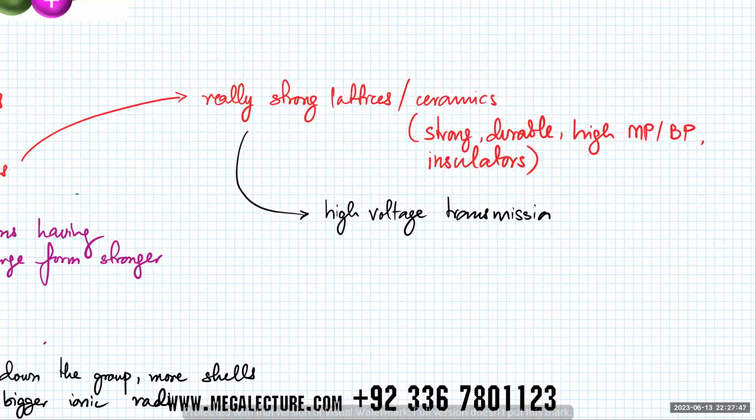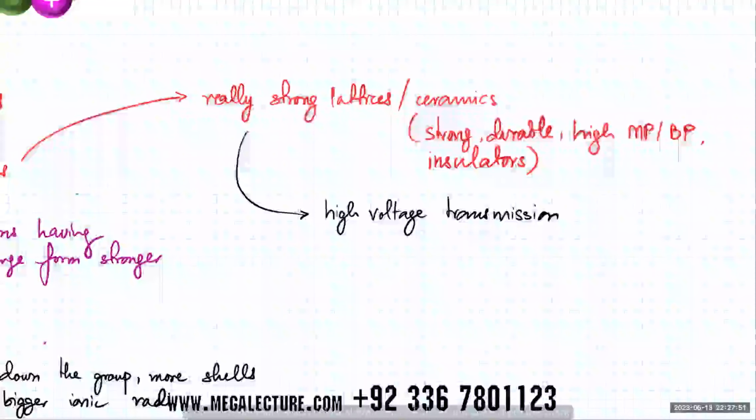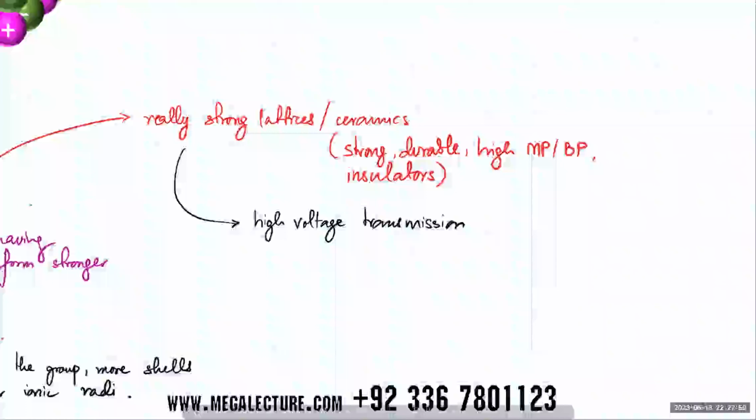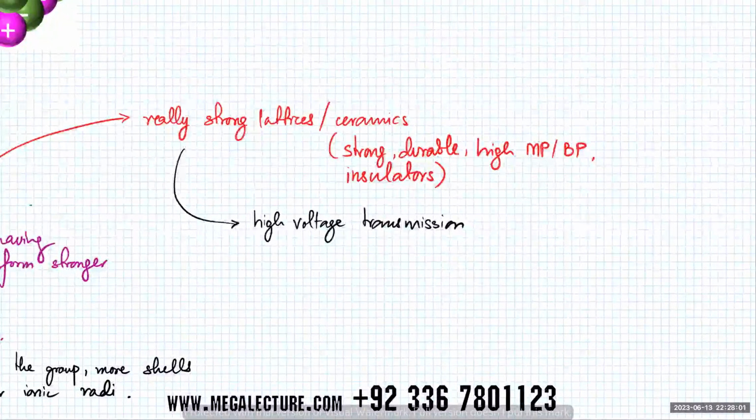You must have seen high voltage transmission wires are never coated with plastics or anything, because structurally it's impossible that anything could survive high voltage transmission. So the things that are holding the wires, the connectors, etc., have to be very, very strong.